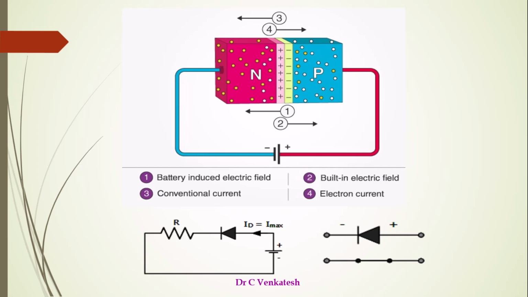Figure shows the forward bias condition of the diode, a resistor and a diode. ID is the diode current, maximum current. The positive is connected to the anode and negative is connected to cathode through a resistance.